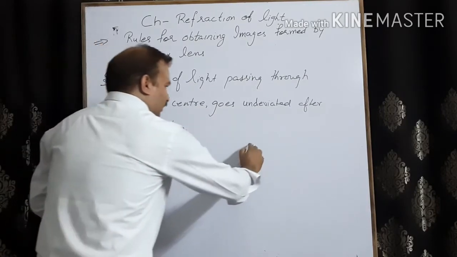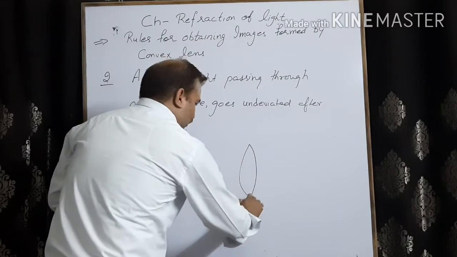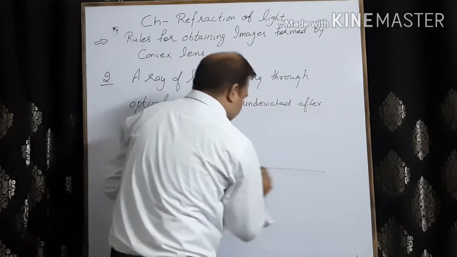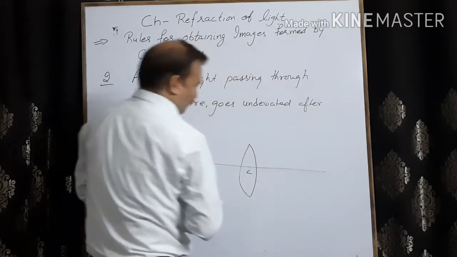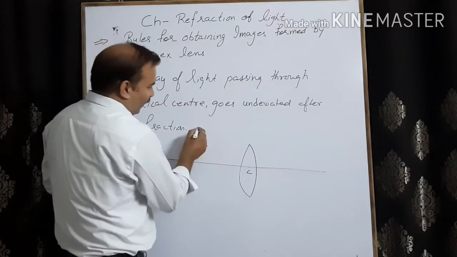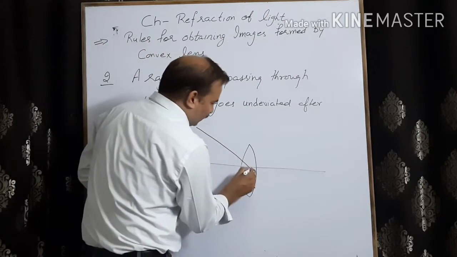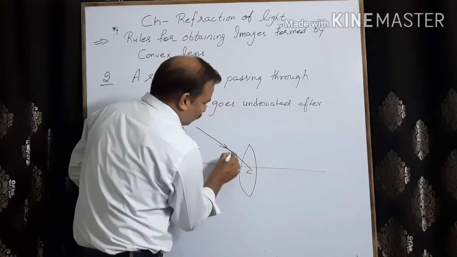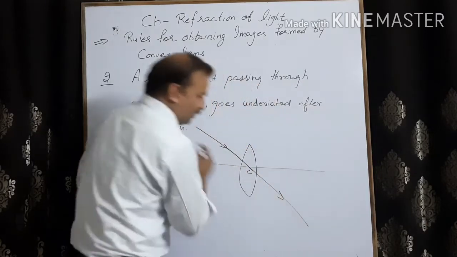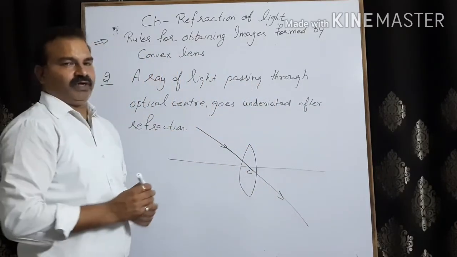It means, this is a convex lens, this is the principal axis, this is the optical center C. A ray of light which is passing through the optical center will go undeviated. Undeviated means it will go straight.